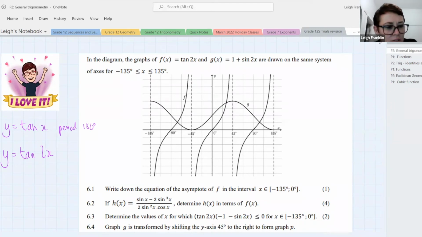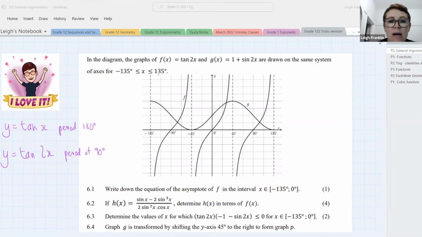But if it's now the graph of tan 2x, it now has a period of 90 degrees. So it's repeating itself every 90 degrees instead of every 180 degrees.